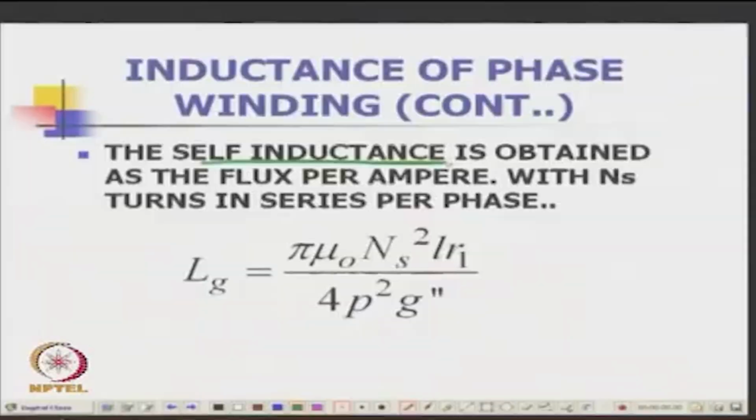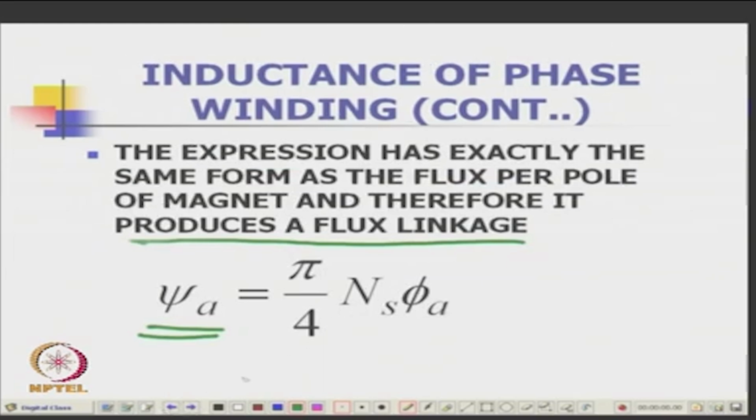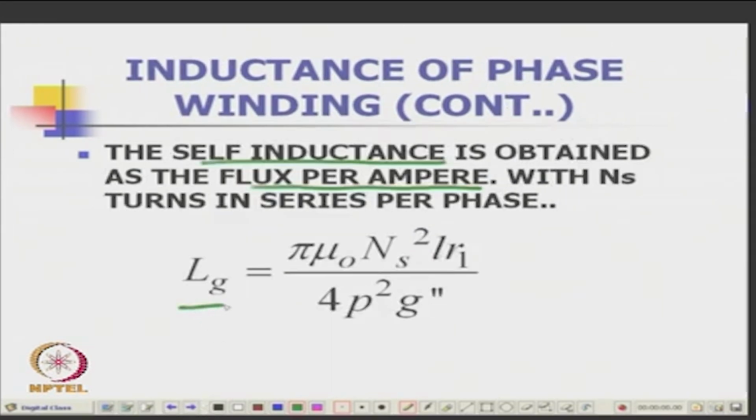Now, the self inductance is the flux linkage per unit current, so you divide by current. Therefore, Lg will be pi mu naught ns square L R1 divided by 4 p square g double dash. So, these are all design data.